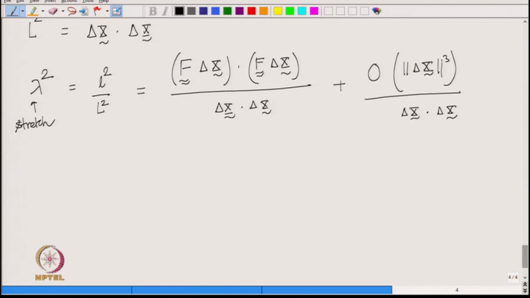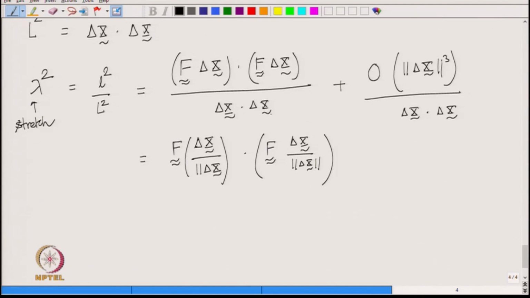So, it is modulus of delta big X into modulus of delta big X. So, what we will do is we also write it as F delta big X divided by mod of delta big X dotted with F of delta big X divided by mod of delta big X. Could you see this?